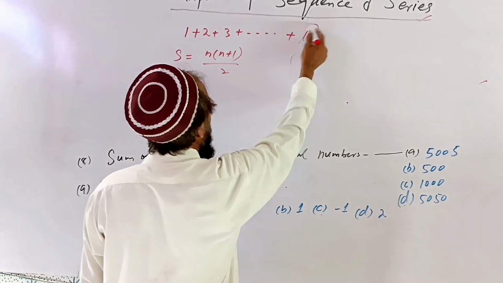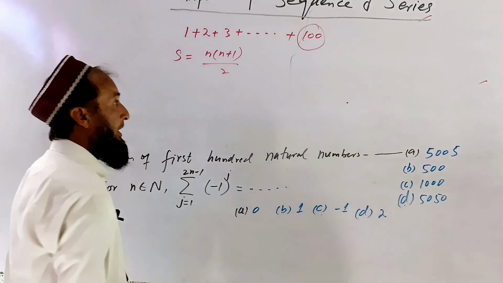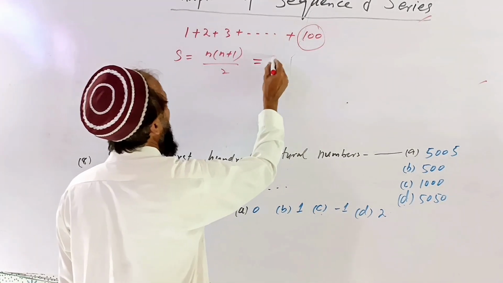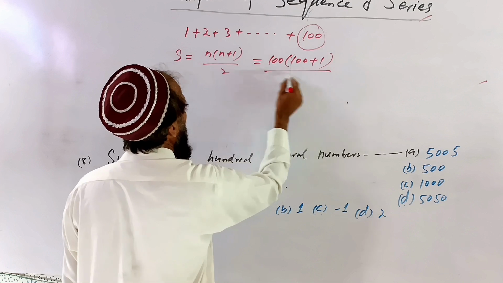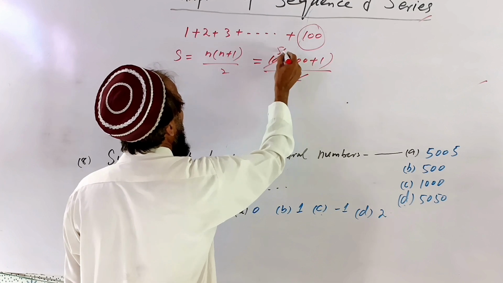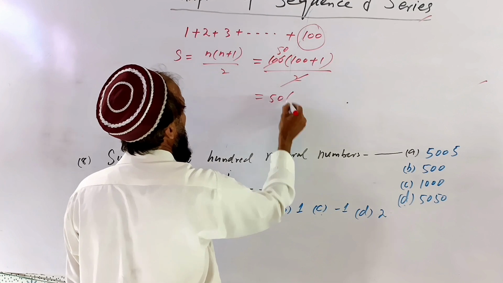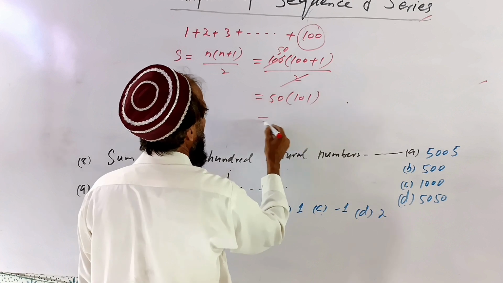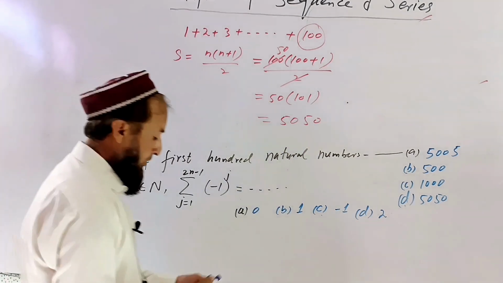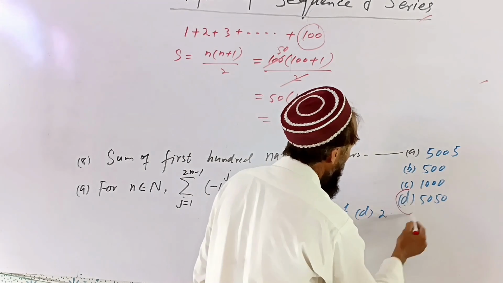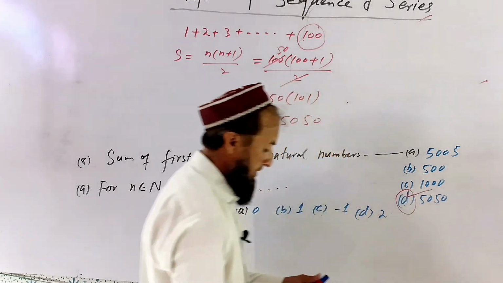If we put n equal to 100, 100 plus 1 divided by 2, this will be cancelled: 50 into 101, and if we multiply, we will get 5050. So the correct option is D.